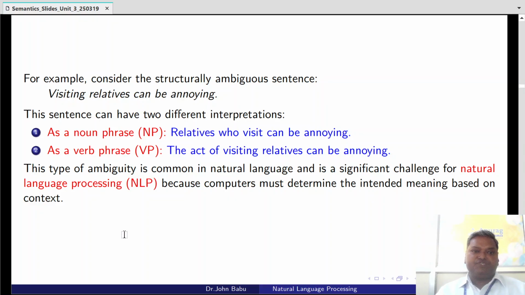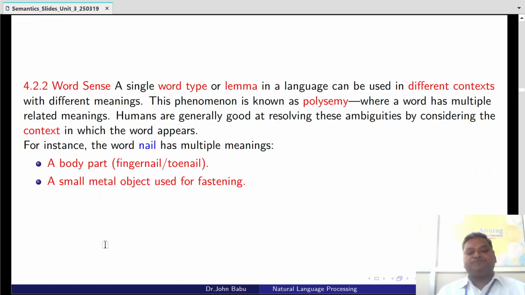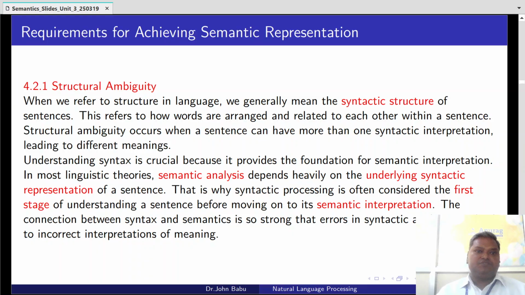So the ambiguity is whether visiting is considered a noun together with relatives, visiting relatives, or visiting is a verb. So that is an ambiguity. Our semantic interpretation should resolve this ambiguity based on the context. That is the first requirement for achieving semantic representation.